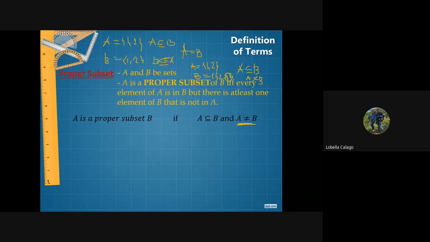Yung proper, merong element sa B na wala sa A. Yung subset, it can be the equivalent set, or pwede din siyang tawaging proper subset. Pero ito, hindi siya pwedeng tawaging proper subset. Okay? So, next.